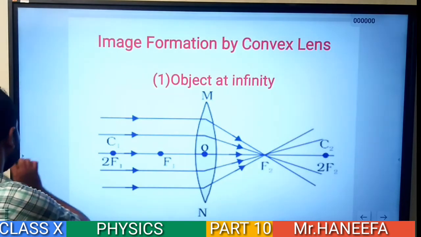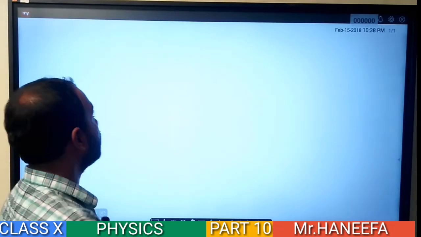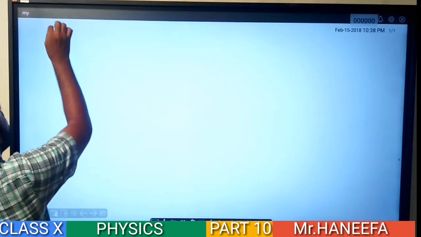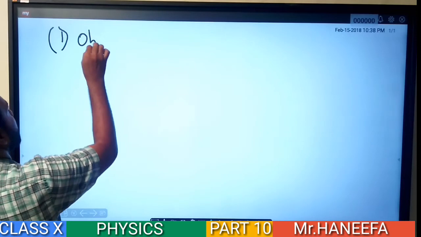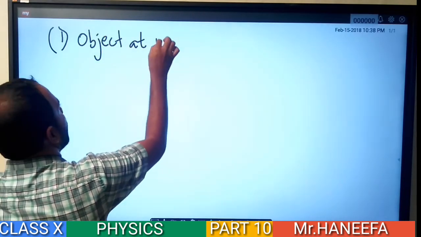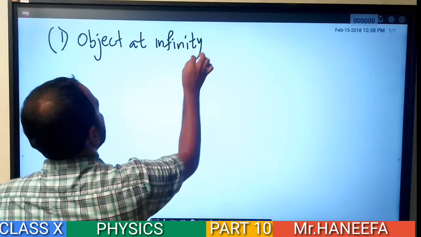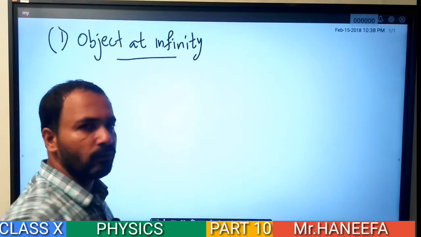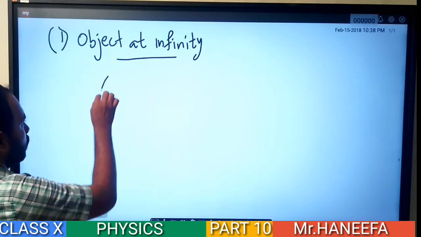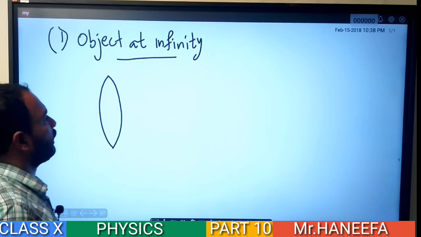In the first case, object is placed at infinity. First we draw a convex lens.